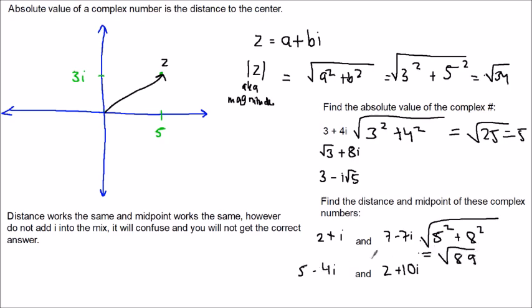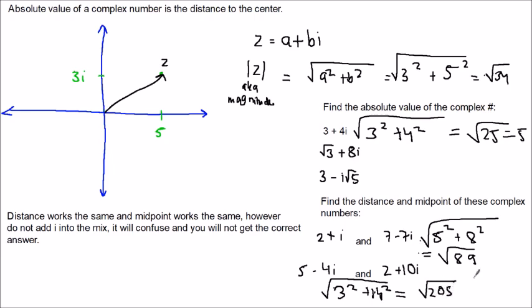So this is the exact same. 5 and 2 is 3 squared. This is just the distance. We'll be doing the midpoint later. 3 squared and minus 4, that's 14 squared. Then 3 squared and 14 squared, that's 196, so the square root of 205.